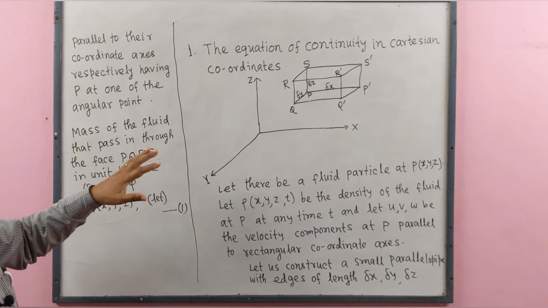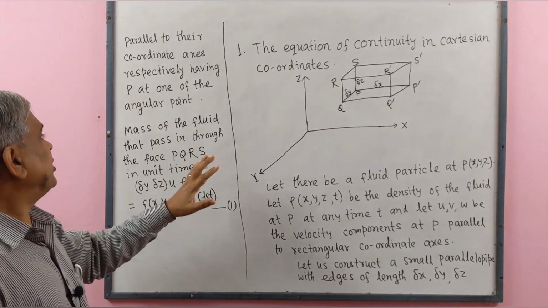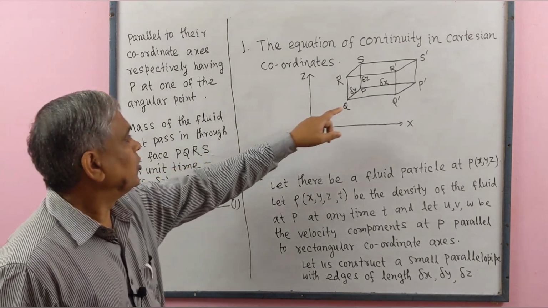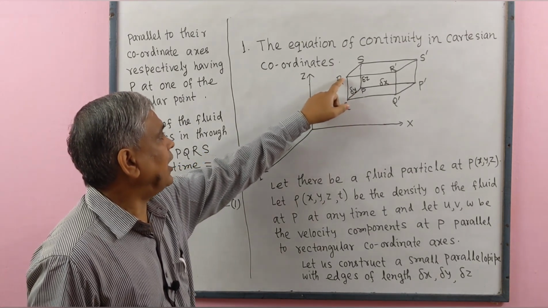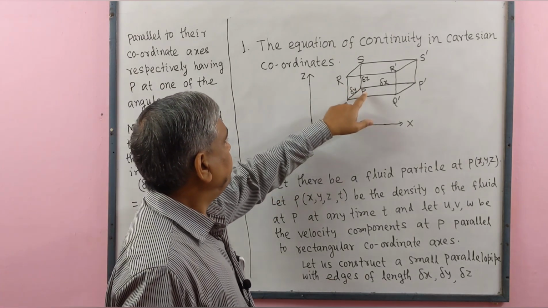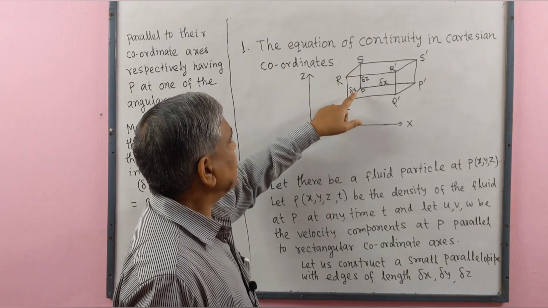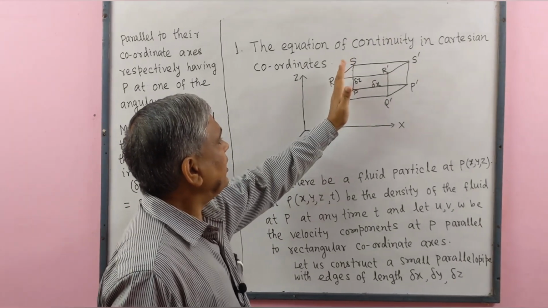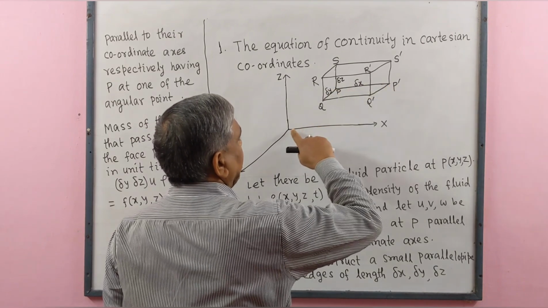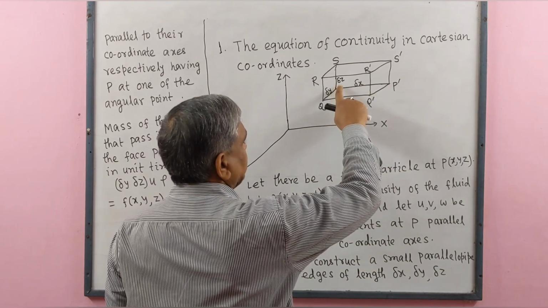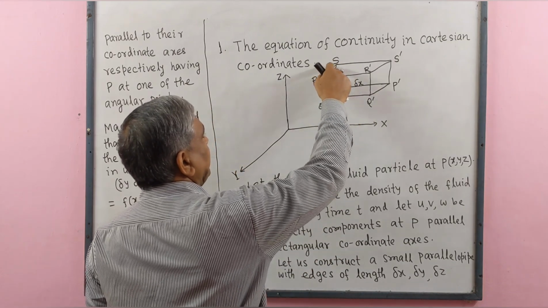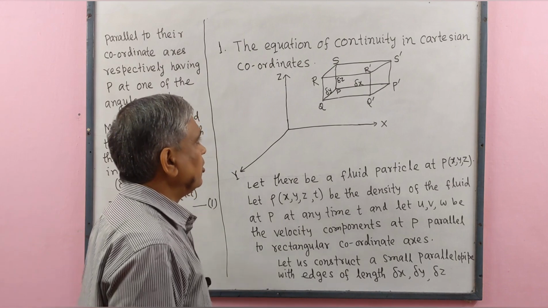Now we calculate the mass of the fluid that passes through the face PQRS. This PQRS face is perpendicular to the x-axis. This is the direction of the x-axis, so the face is perpendicular to the x-axis.